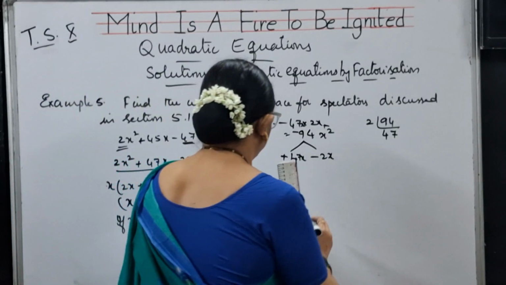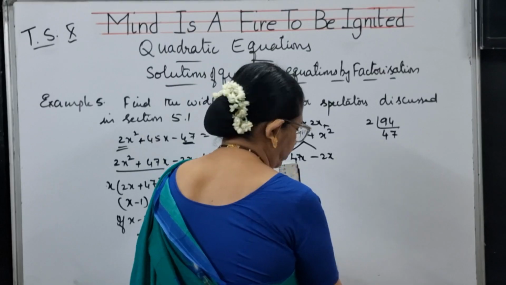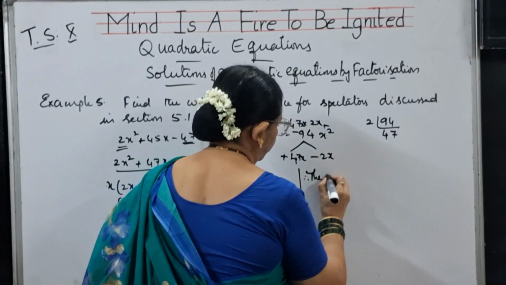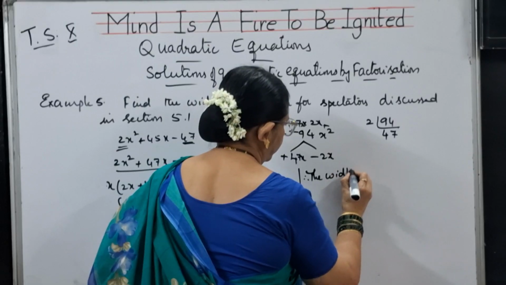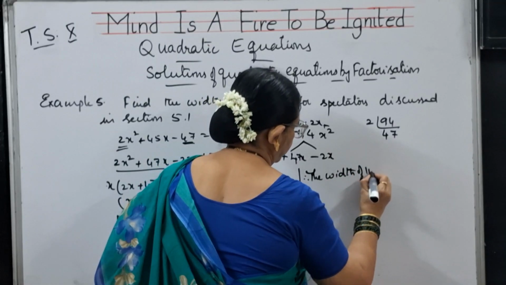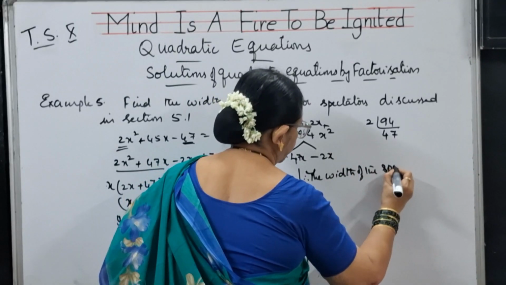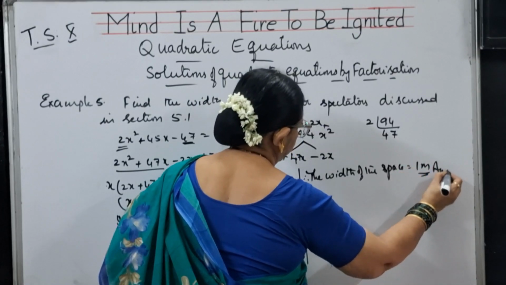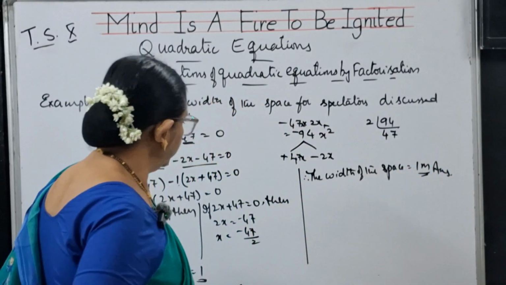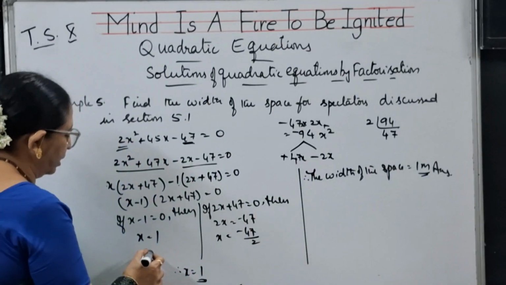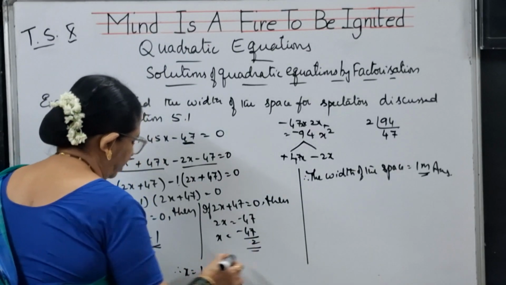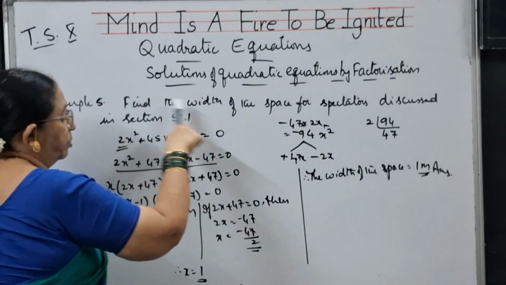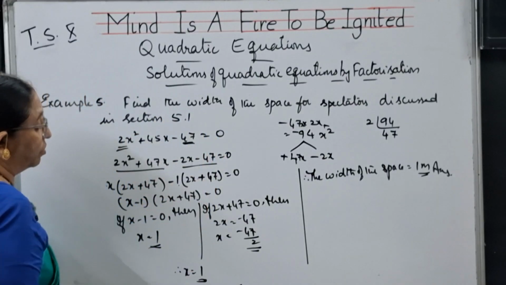So, what is the question? Width of the space. So therefore the width of the space is equal to 1 meter. This is the answer, children. So, even though you have got x as 1 and x as minus 47 by 2, according to the problem, you need to find out the width.